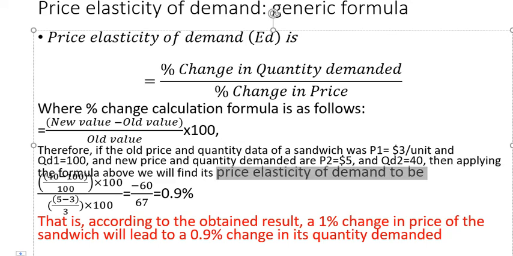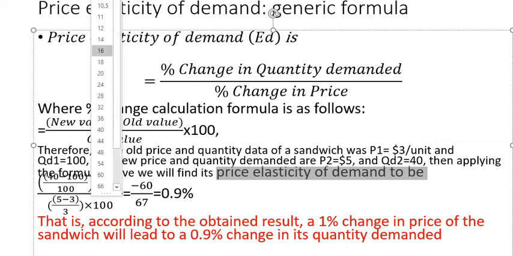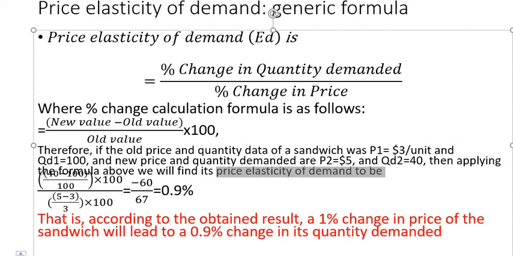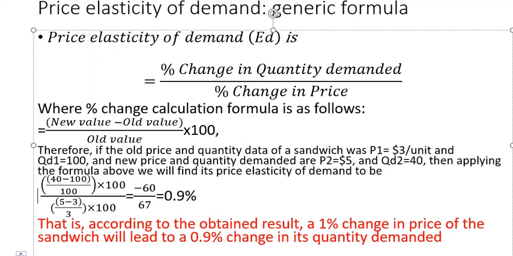Our new quantity is 40, and we subtract 100, the original quantity, over the original quantity 100, times 100. And our price change percentage-wise: the new price was $5 a piece, the new value, minus the original price $3 a piece, the old value, over the old value $3, times 100.